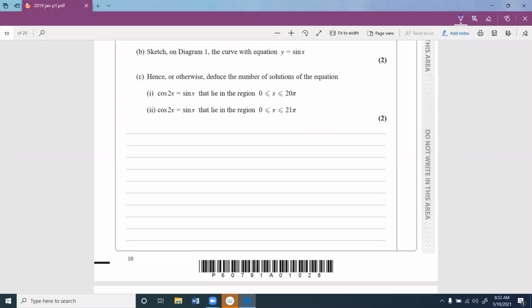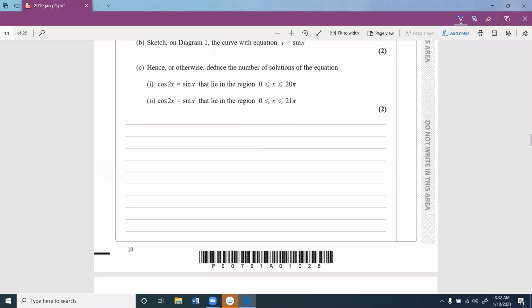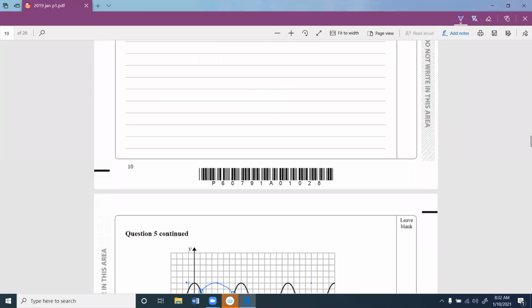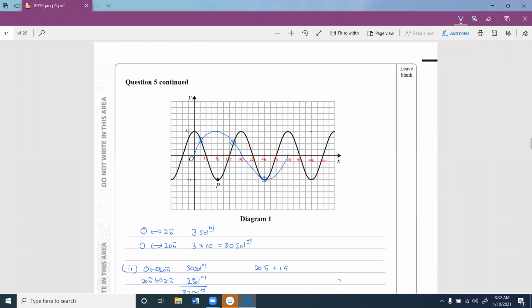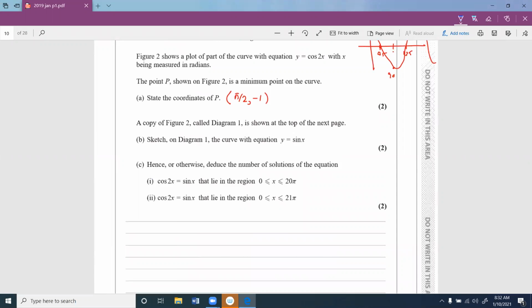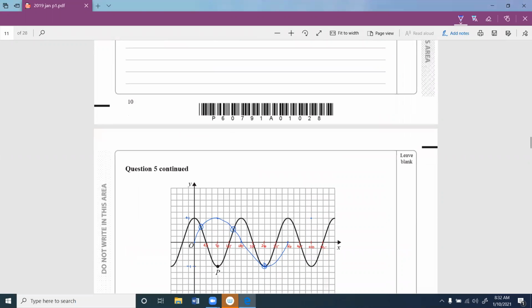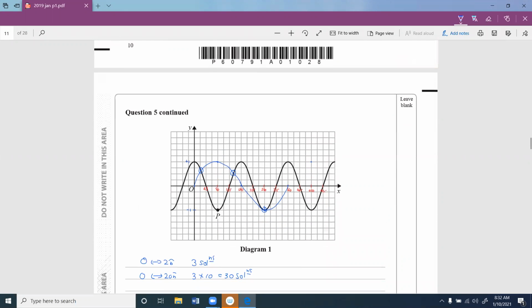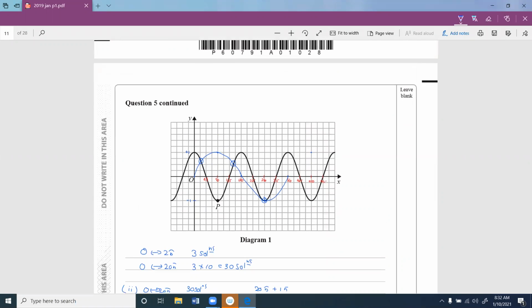Right. Again, if I repeat this question for the part 2 answer, the main thing we have to focus on is 0 to 2π. It means one complete cycle, because you know that after 360 degrees, the same cycle repeats. For 0 to 2π, there are 3 solutions, 3 intersections.